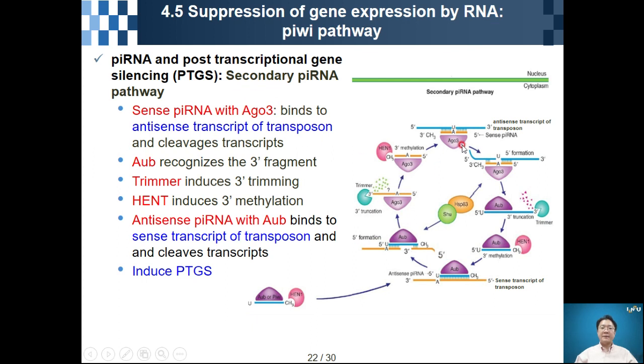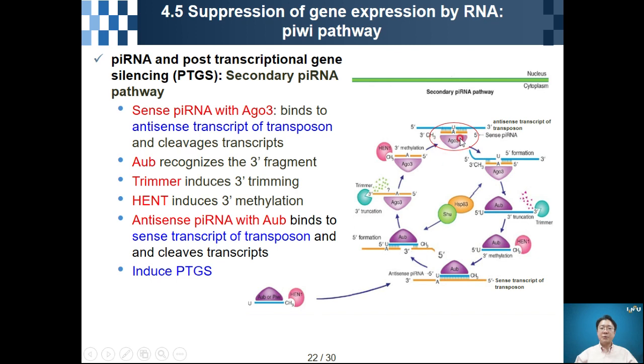So now this AGO3 is bound to the sense piRNA. After that, the sense piRNA with AGO3 binds to the antisense transcript of the transposon.